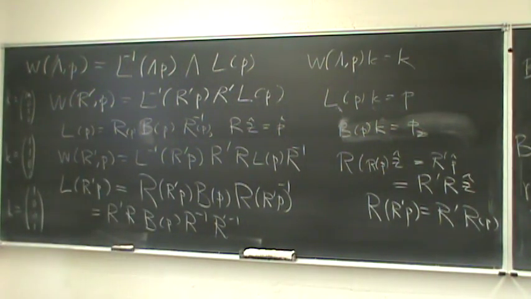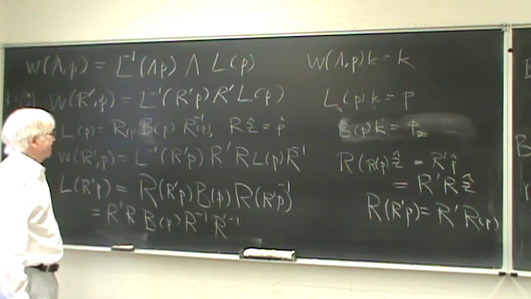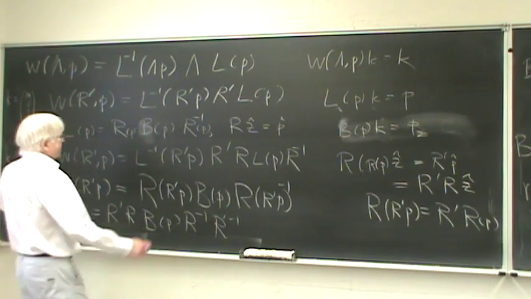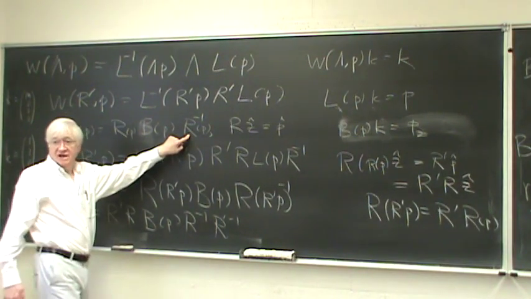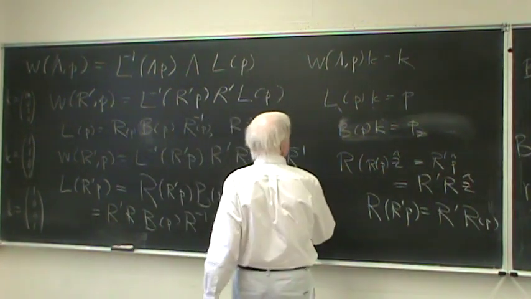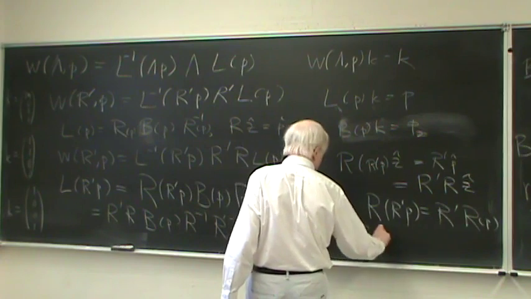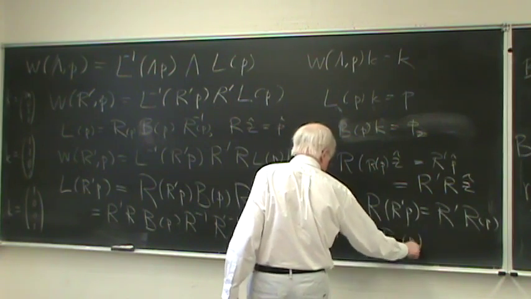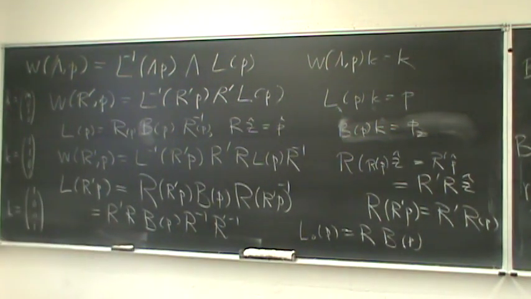Well, first of all, the choice of L being of this form, this wouldn't work if it were massless. In fact, for massless particles, L0 of P is just R B of P. So it's just a boost in the z direction followed by a rotation.